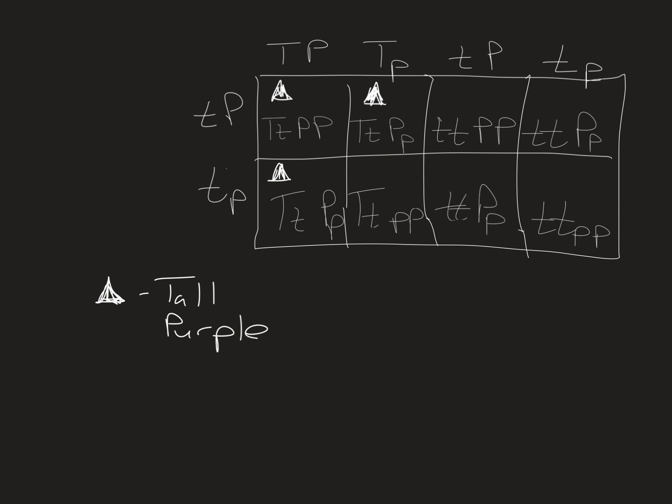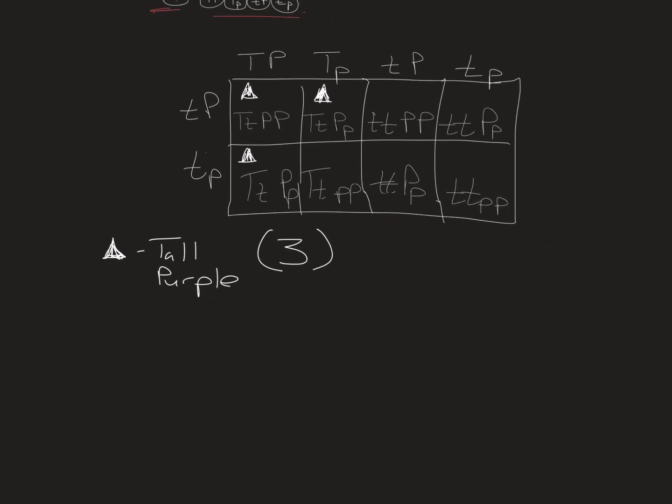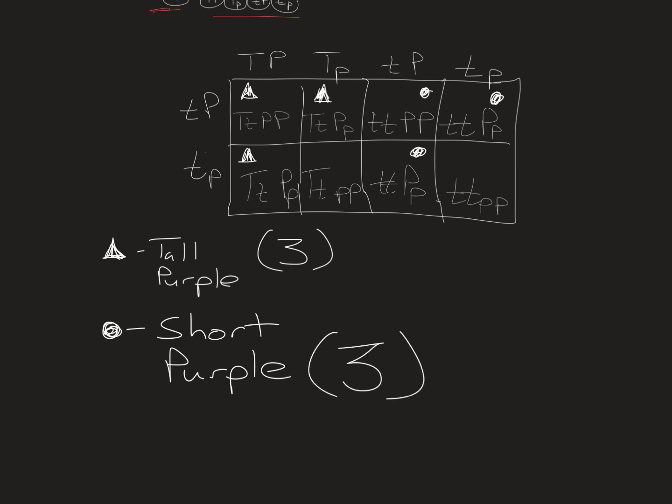Tall and purple. And that's it. So there's 3 tall and purple. Then you have short and purple. Let's see, you got short and purple here, short and purple here, and short and purple here. So there's 3 short and purple.